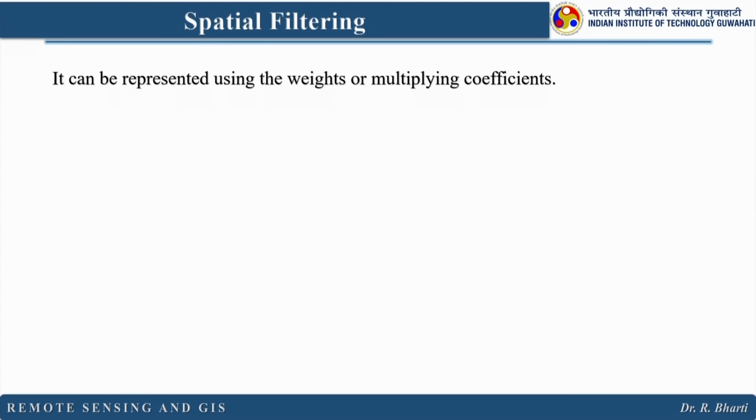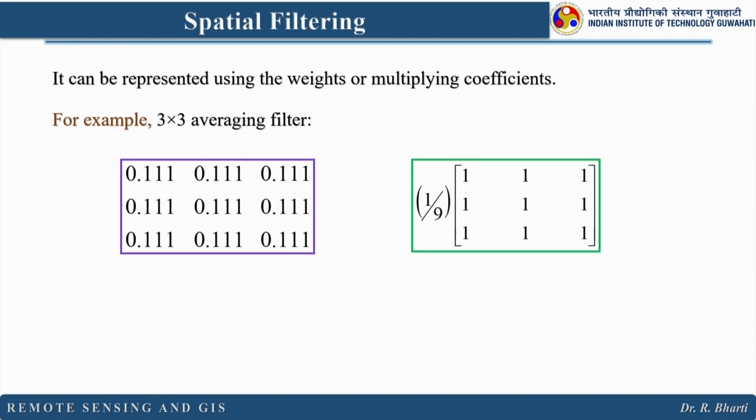A spatial filter can be represented using the weights or multiplying coefficients. Here we have to apply some logic, and we need to understand how we will apply it. For example, for a 3 by 3 averaging filter, we can use this kernel, which is also known as weights or multiplying coefficients.